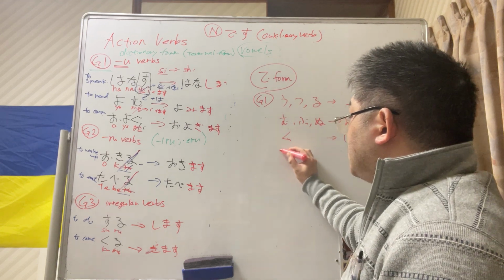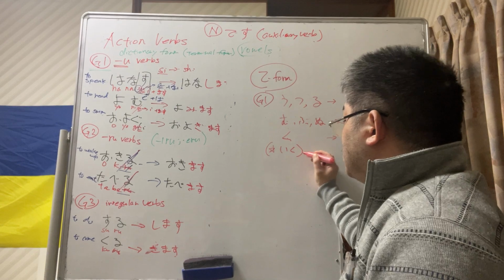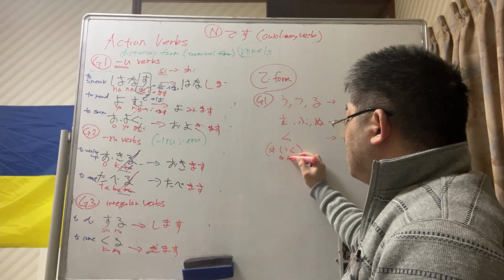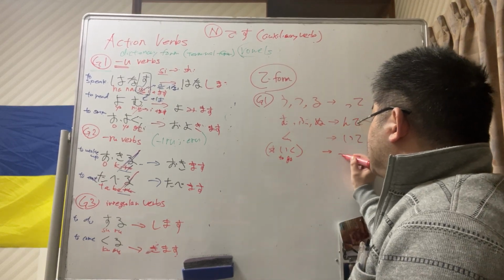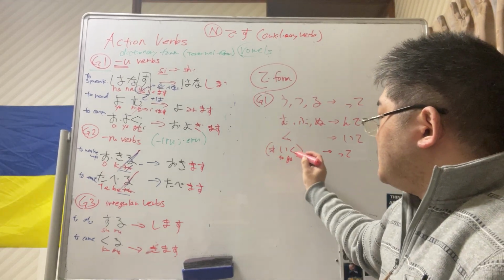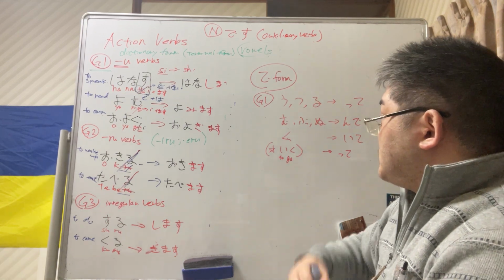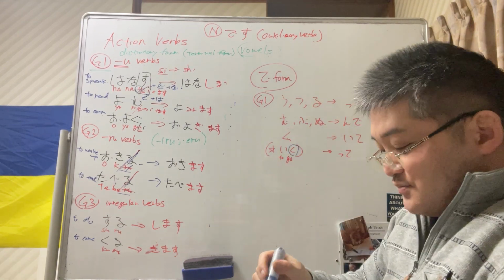With an exception of iku, to go. This one changes into itte. So this is the only exception with a verb that ends with ku. So this is sort of like an exception of the exception, basically.